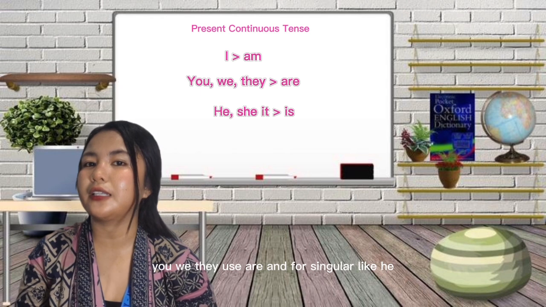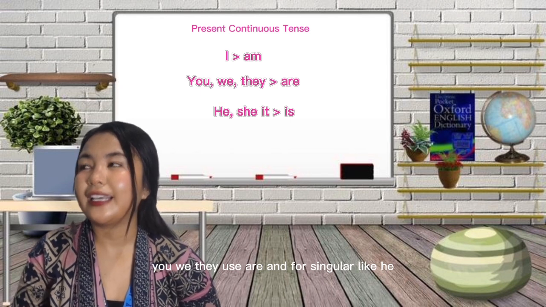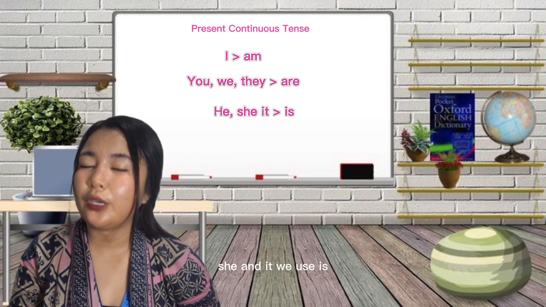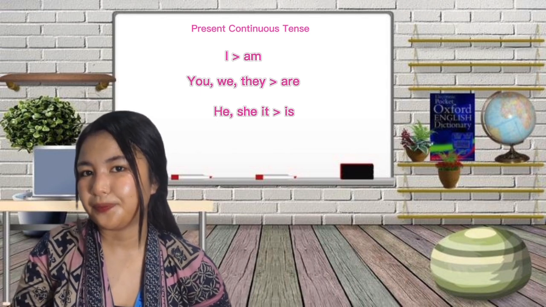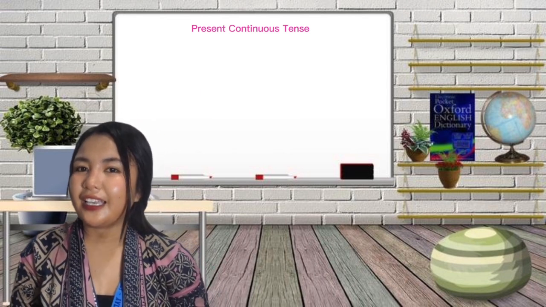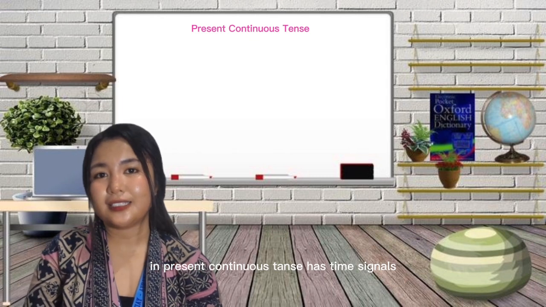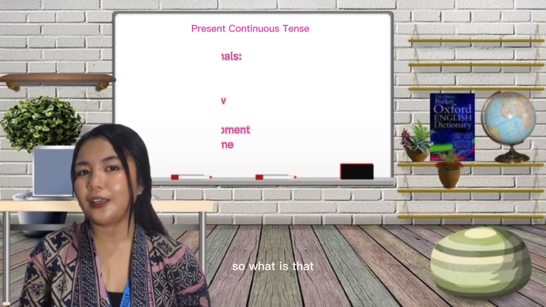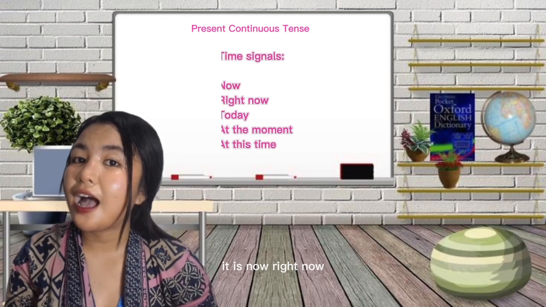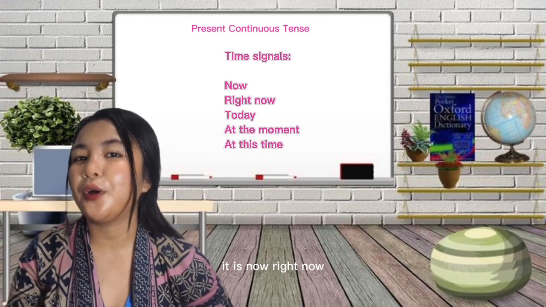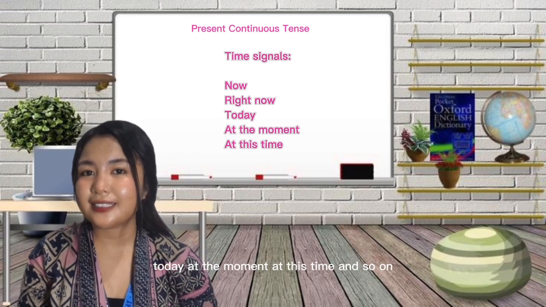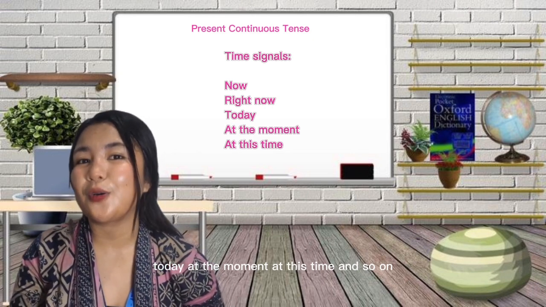And for singular, like he, she, and it, we use is. Present continuous tense has time signals. So what are those? They are now, right now, today, at the moment, at this time, and so on.